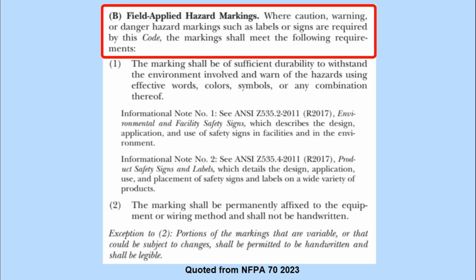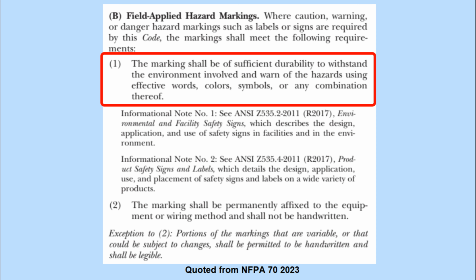Okay, as promised, 110.21(B), Field Applied Hazard Markings. Where caution, warning, or danger hazard markings such as labels or signs are required by this code, the markings shall meet the following requirements. 1.